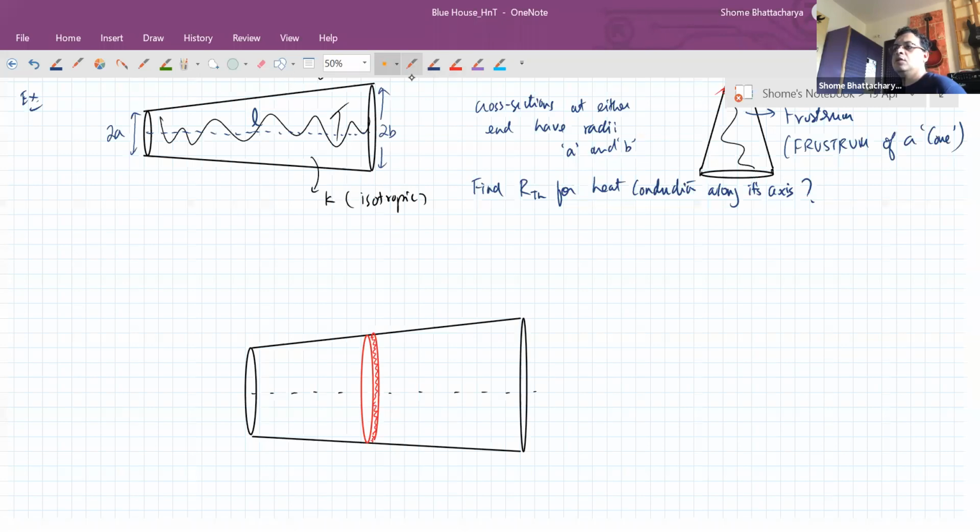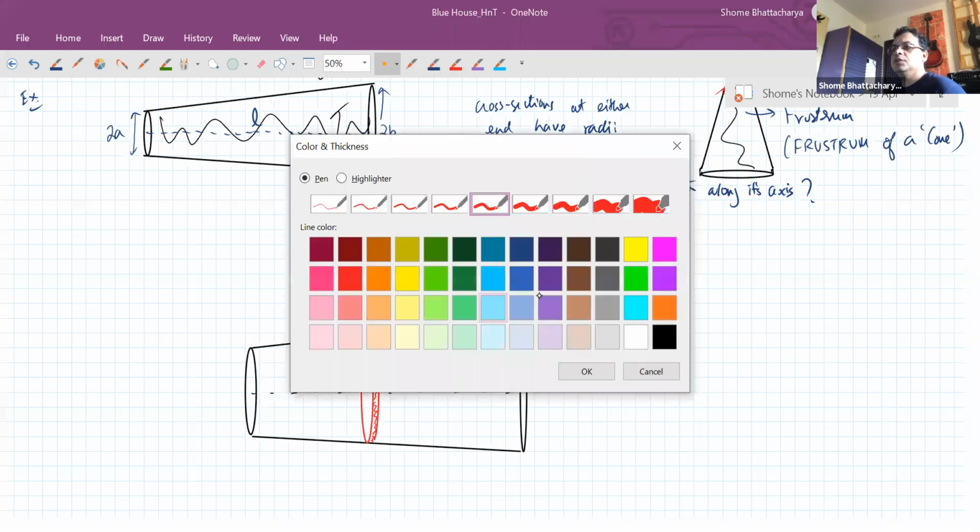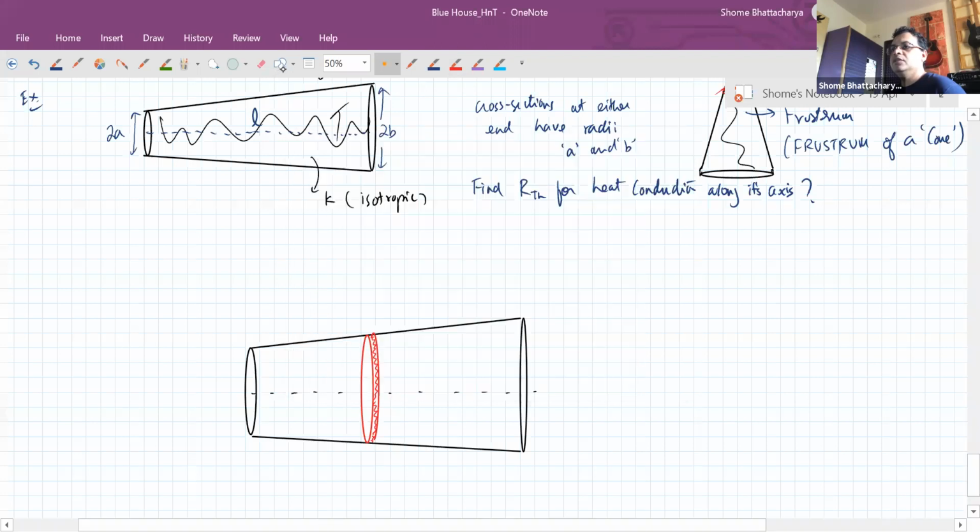Now the key thing for us is going to be how to define the area of the disk in terms of the variable quantity. If we take the distance of the disk from this left face as x, then we take the thickness of the disk as dx. But one other thing that will be interesting is the radius of the disk. That will be some variable quantity r.